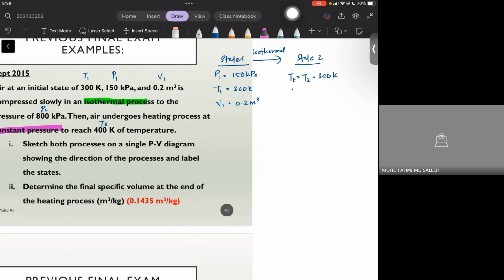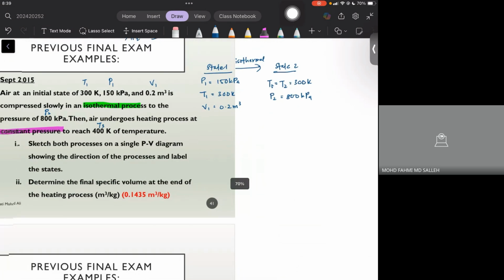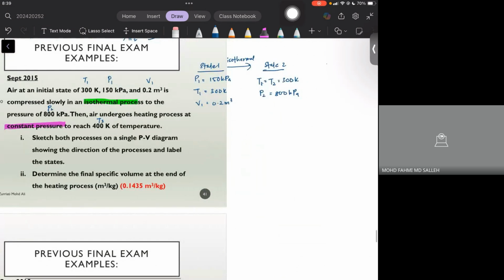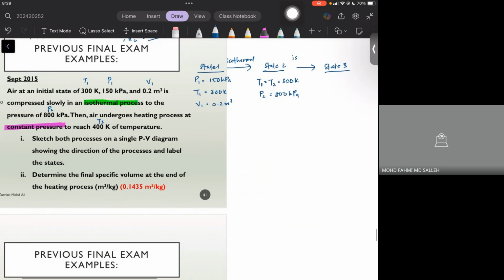And then we have P2 there, 800 kilopascal. And then we have another process which gives us state 3. From state 2 to state 3, it will be isobaric. So we have P3 equal to P2 equal to 800 kilopascal, and we have the temperature at state 3, 400 Kelvin.